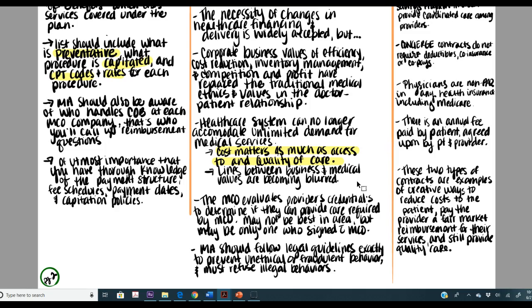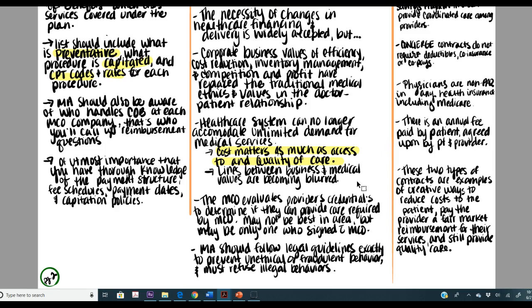The managed care organization evaluates providers' credentials to determine if they can provide the care that is required by the managed care organization. The thing is that the provider may not be the best provider in the area, but they may be the only one who was willing to sign with the managed care organization.